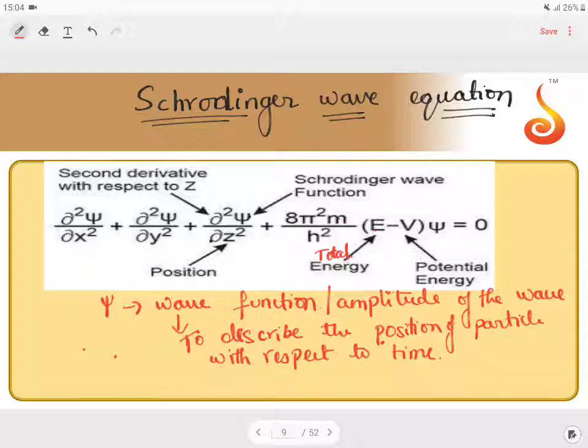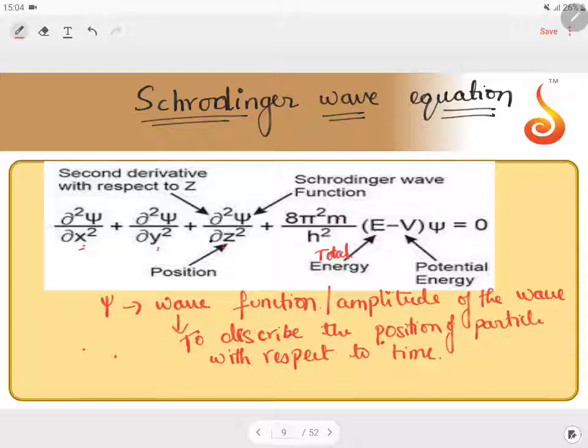Now, what is the use of the Schrodinger wave equation? Students, when you solve this Schrodinger wave equation, you will be getting the values for psi. And you'll be getting three values because there are three variables here, x, y and z.